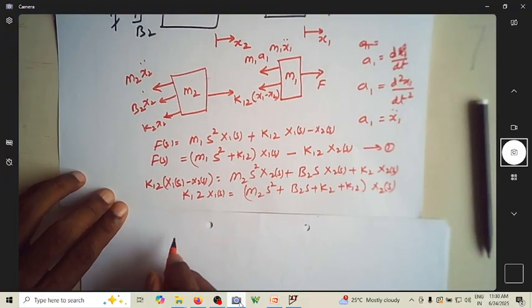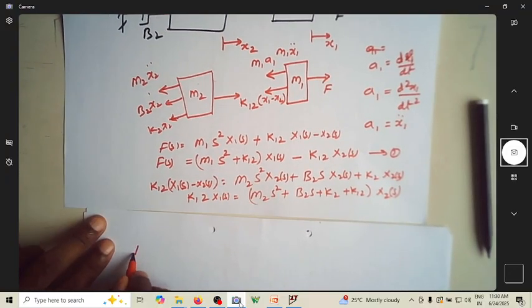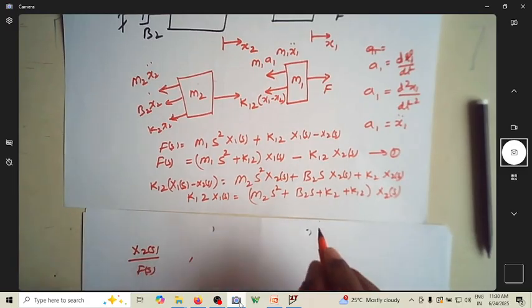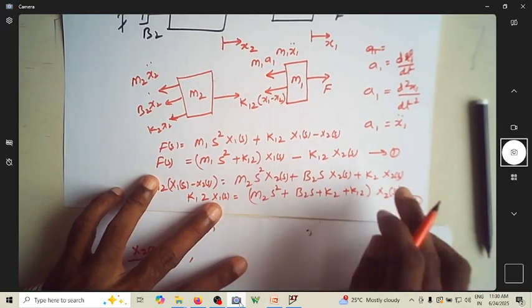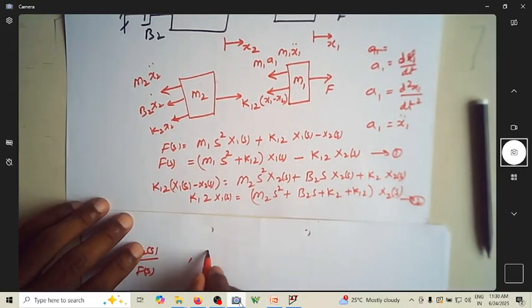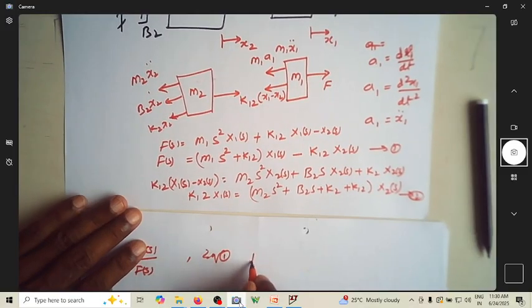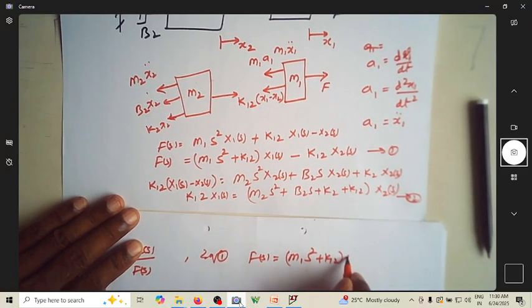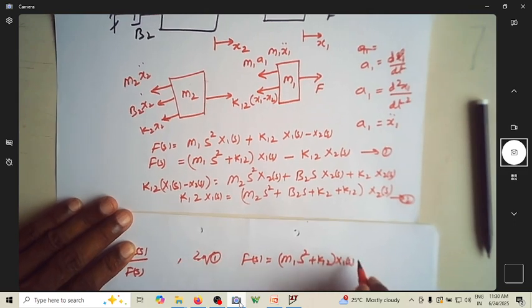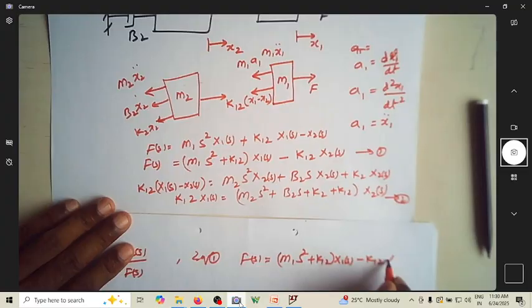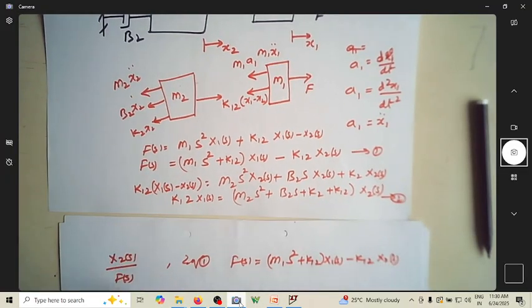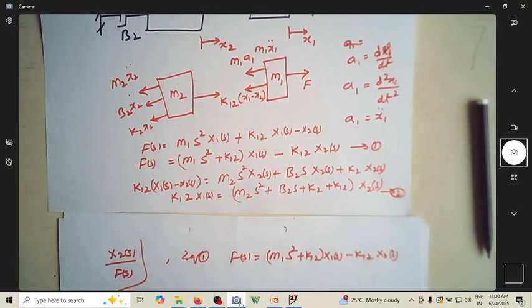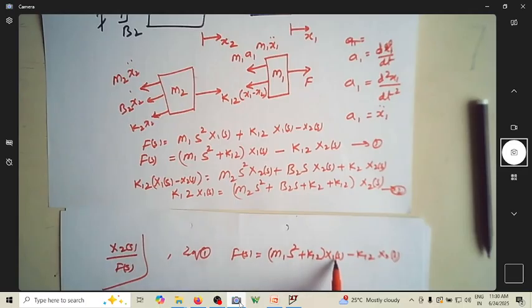What I want is x2 of s by F of s. So this is equation number 2 and equation number 1. From equation 1, F of s equals m1 s square plus k12 times x1 of s minus k12 x2 of s. What we want is x2 of s and F of s, but we have x1 of s here.